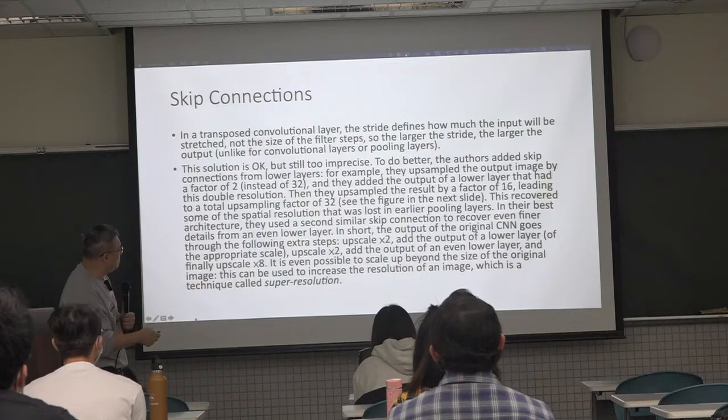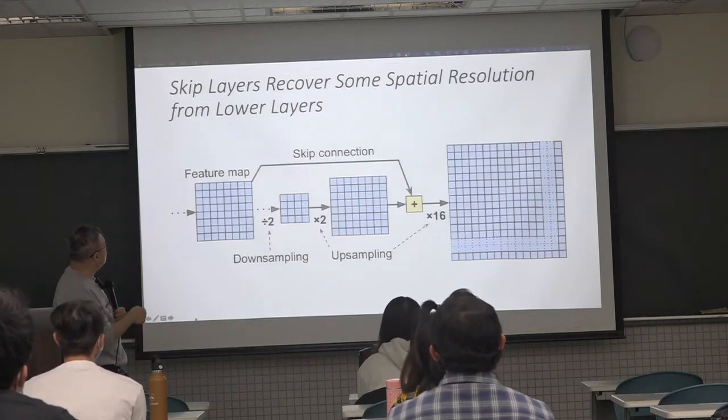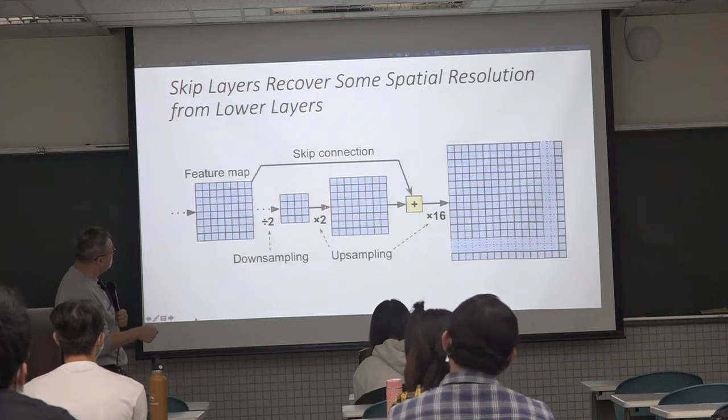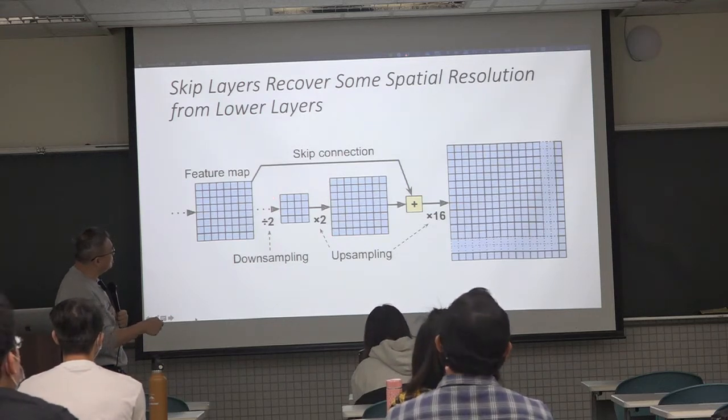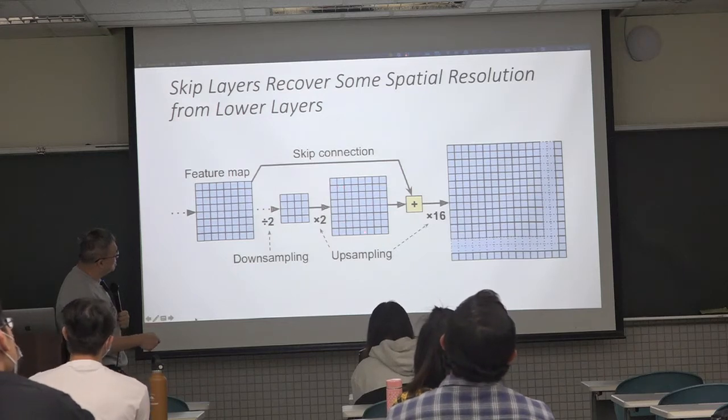Then maybe I'll just show you this. So this is the visual map. First, it's downsampling, and then they use upsampling. So first we double the width and height.